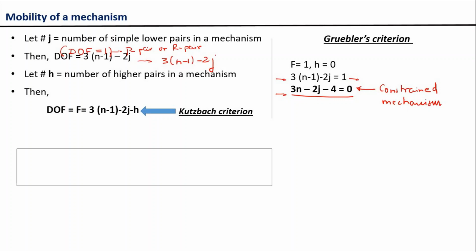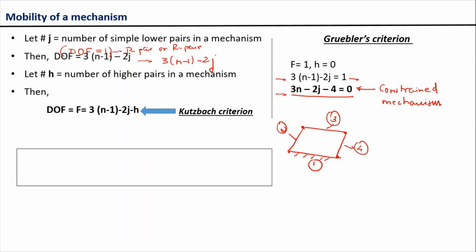Now let us try to physically interpret the meaning of a constrained mechanism. For that, let me draw a mechanism consisting of 4 links only. Let us assume this link as the fixed link, link 1, then this as link 2, this as link 3, and this as link 4.